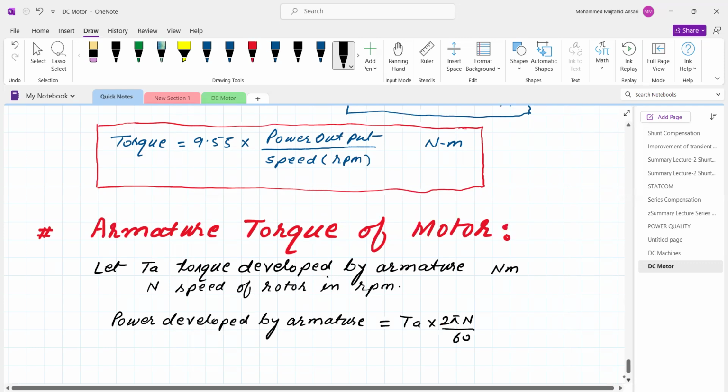That is simple from the same relation, power is equal to omega T.